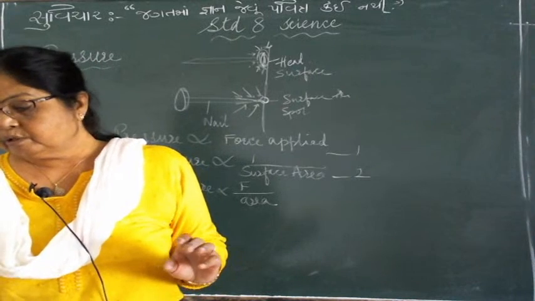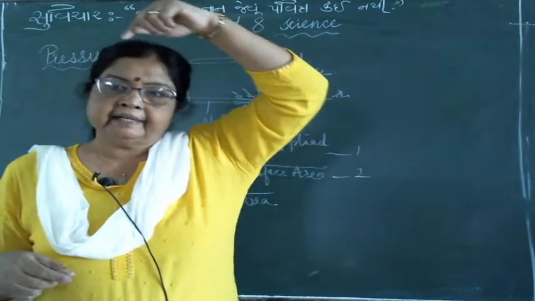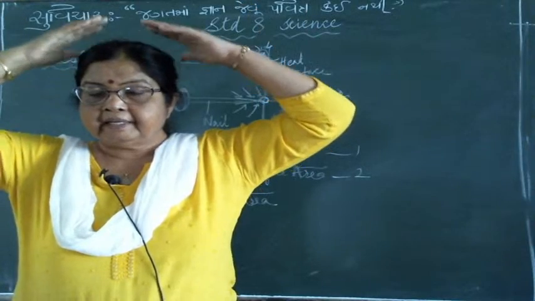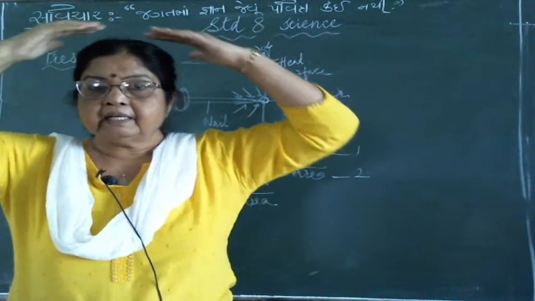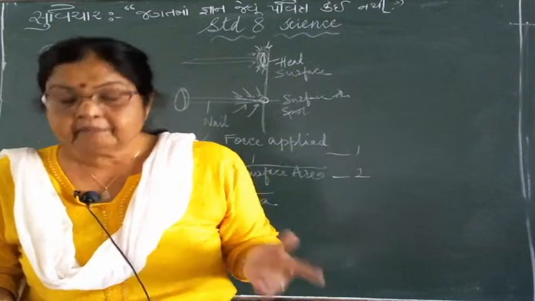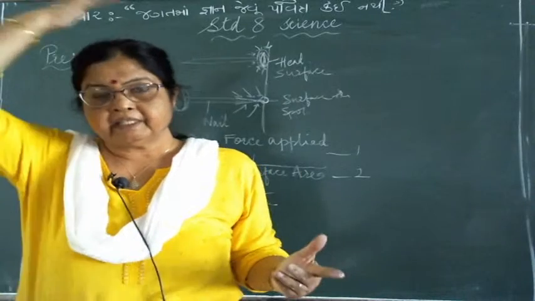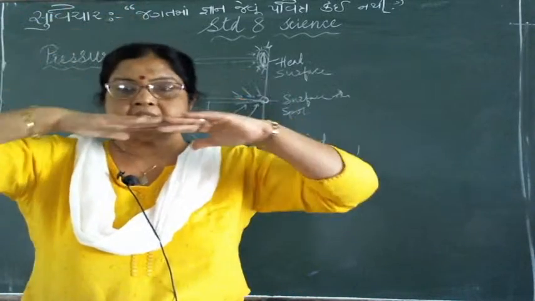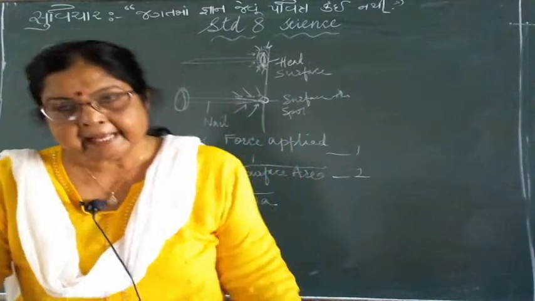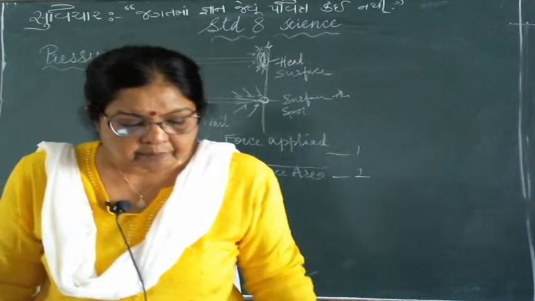What they do is they put a turban on their head, and so whatever force they carry on their head is distributed over the cloth. The force is spread, and that is why they can carry it easily. Turn the page, next topic.